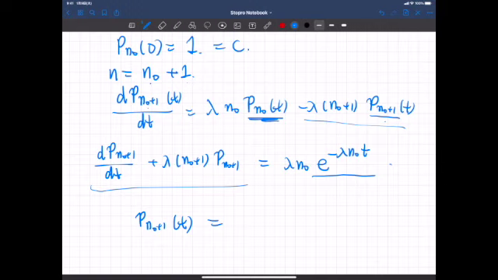After putting in the initial condition, we should have this, 1 minus e to the negative lambda t.